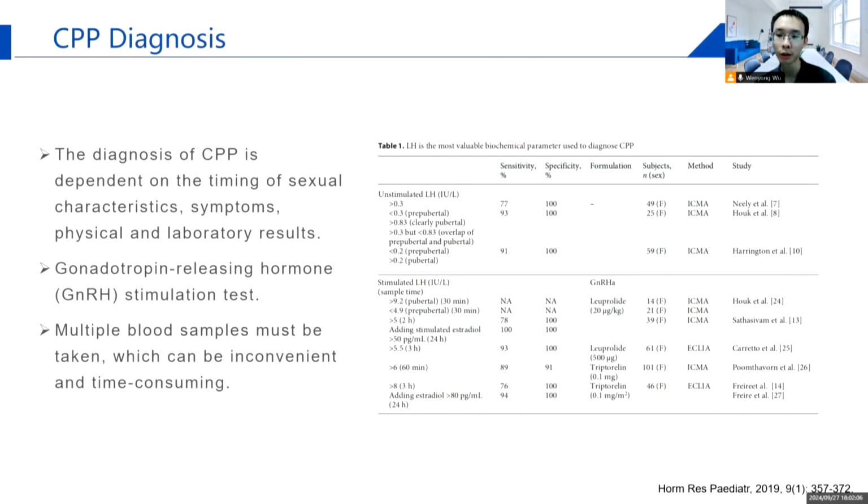Among them, the GnRH stimulation test is important in the discrimination. To identify the peak levels of luteinizing hormone and follicle-stimulating hormone, multiple blood samples must be taken, which can be inconvenient and time-consuming. How to diagnose CPP without relying on the GnRH stimulation test has become a clinical research purpose in the field of pediatric endocrinology.